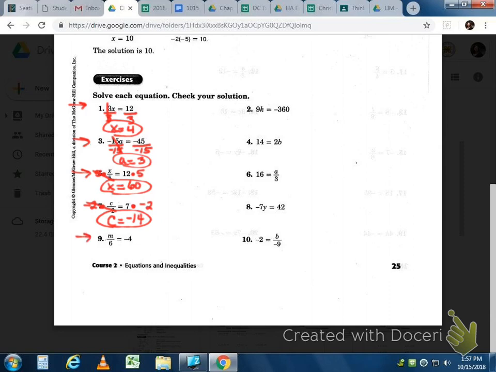And last but not least, m divided by 6 equals -4. Is there somebody that hasn't gotten a ticket that wants to try this last problem of the day? I think Alexa does. Alexa, what am I going to do if it says m divided by 6?